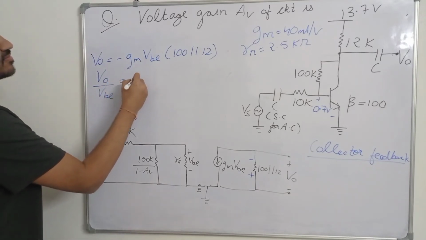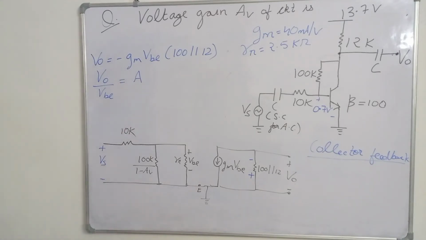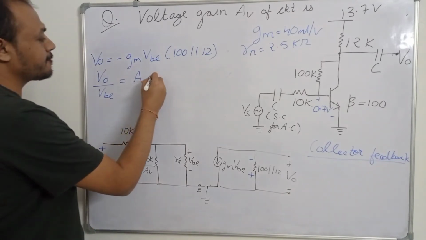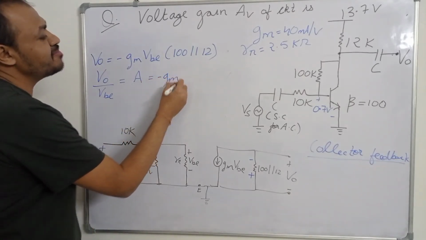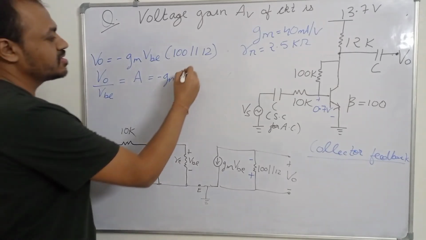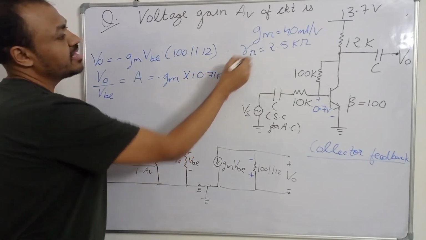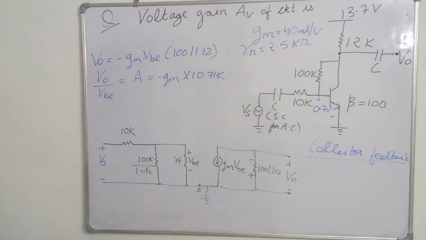Let's name it as A. This is also a voltage gain, V naught upon VBE. So V naught upon VBE will be equal to minus GM, and 100k in parallel with 12k is 10.71k. And GM we have already calculated as 40 milliampere per volt.